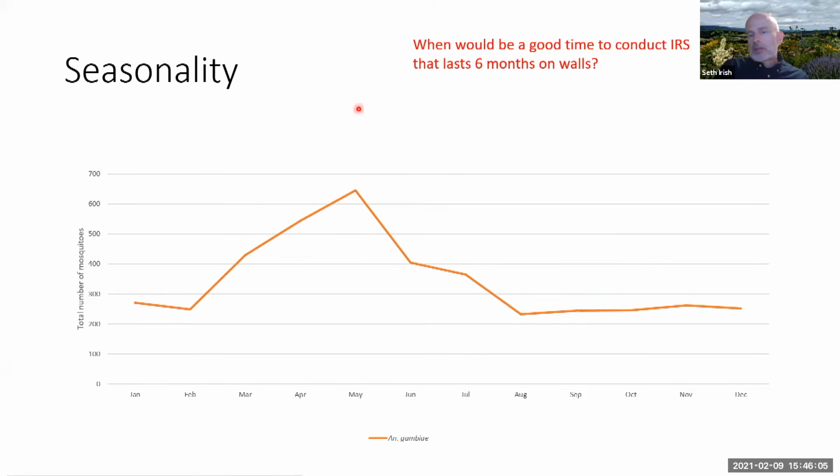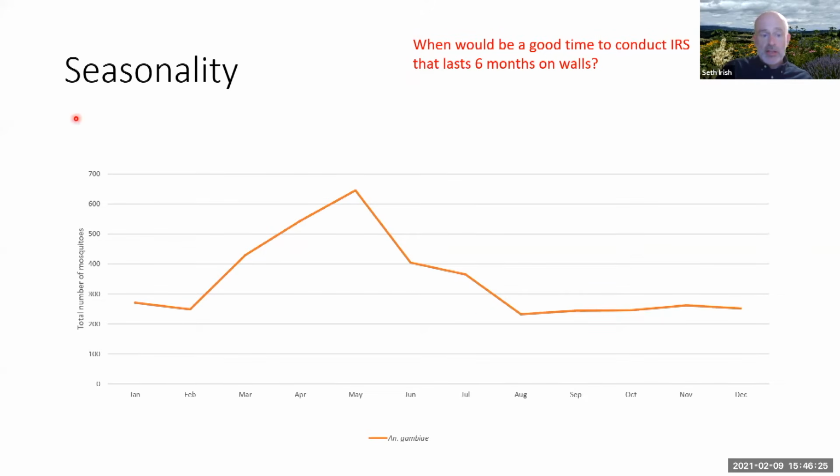In some places where you're conducting indoor residual spraying, you know that your indoor residual spraying may last a certain amount of time, for example, 6 months. And you want to know when is the best time to spray that insecticide so that you can control the mosquitoes.